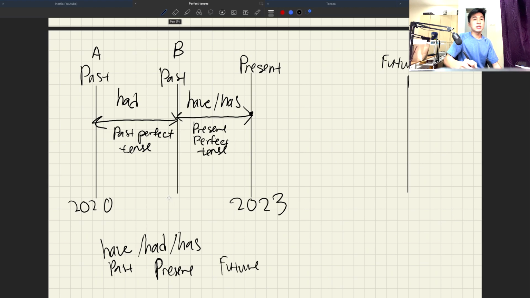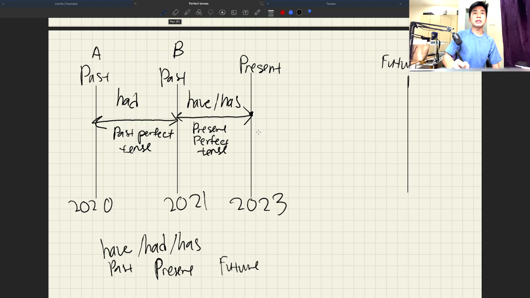So this is maybe 2021. Yeah, so an event that had started at past A and had continued to past B, we use that as past perfect tense. But it's fine, guys. If you still are confused, you can email me or you can just text me on Instagram and I will reply to you as soon as possible.